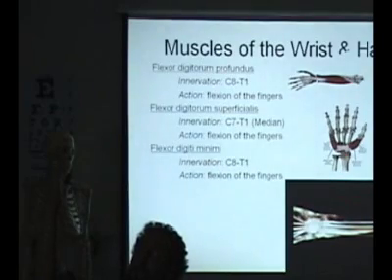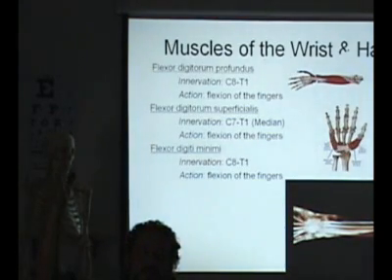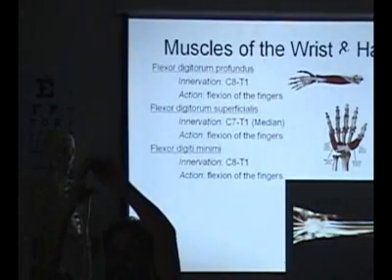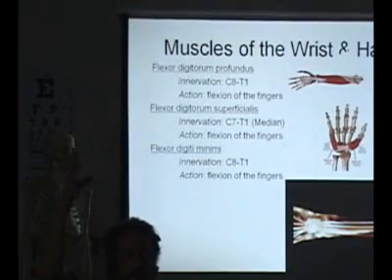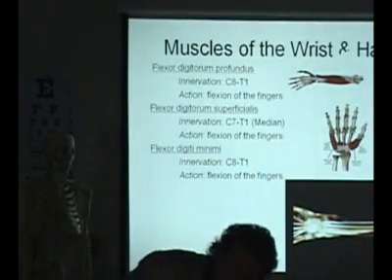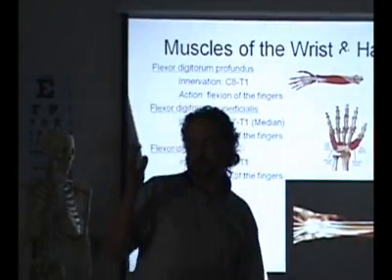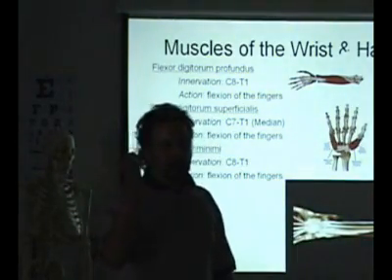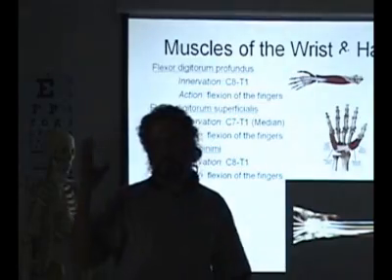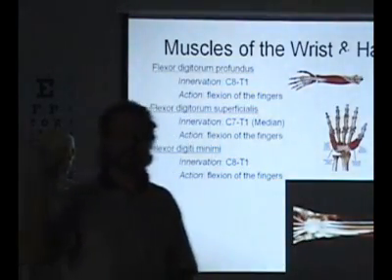So if the profundus is going to do this, then you need the superficialis to flex the DIP. So there's different exercises that are done for hand and tendon problems, where you call them flexor tendon exercises, or no, tendon gliding exercises, I'm sorry.